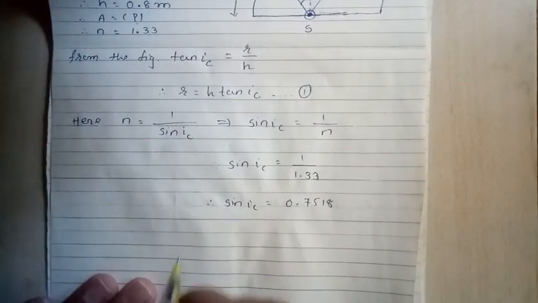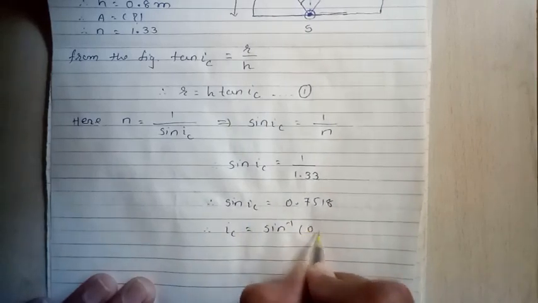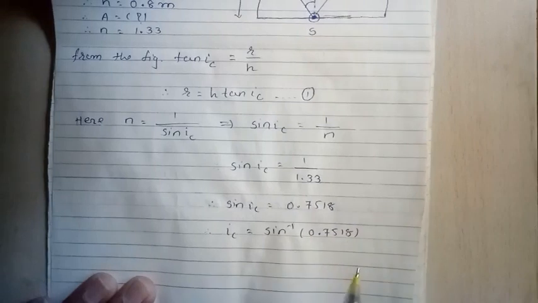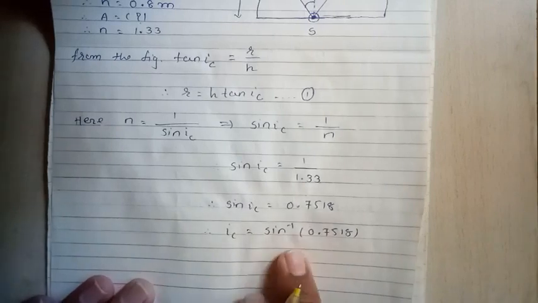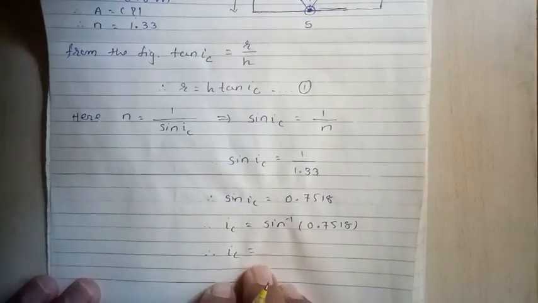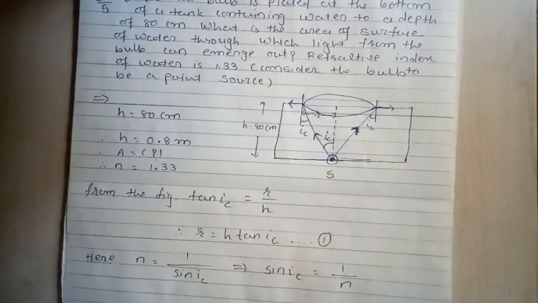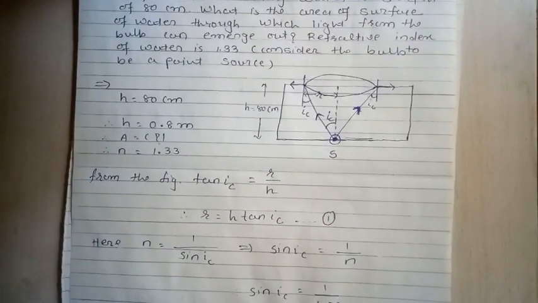So we can say that IC is equal to sine inverse 0.7518, right? So here we have to use the natural sine table to find out sine inverse 0.7518. So see here friends, we have to find out the value of sine inverse 0.7518.